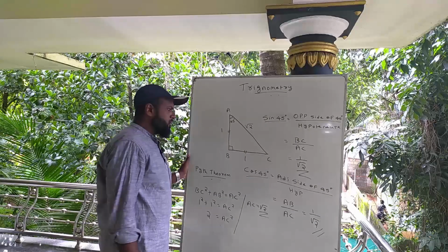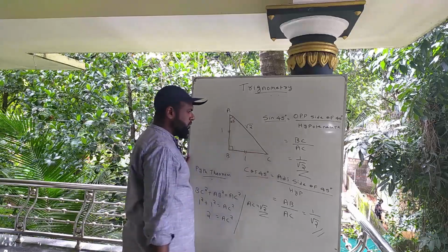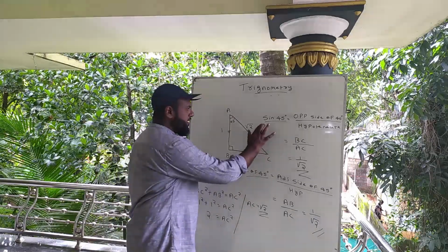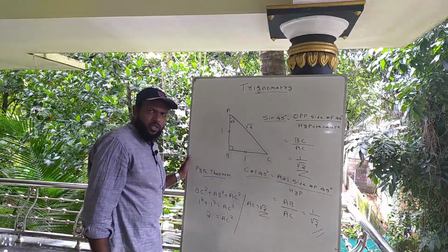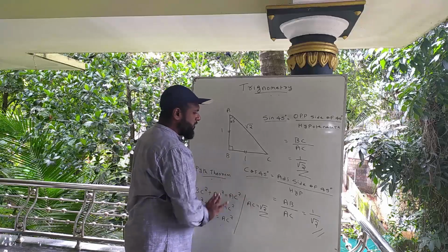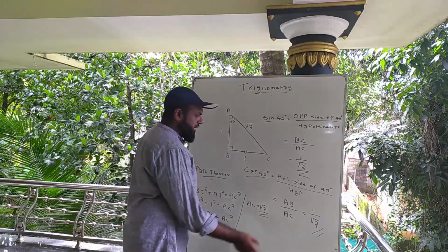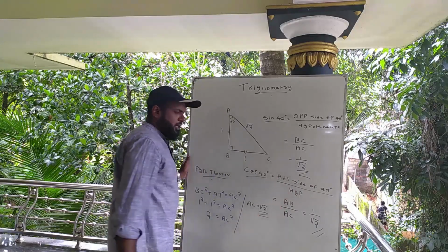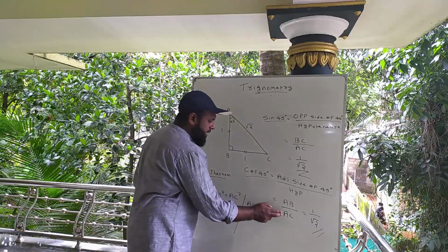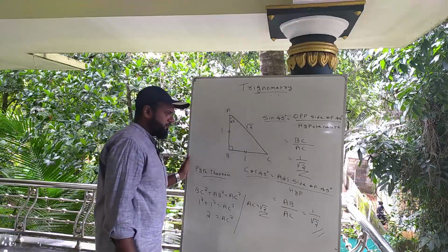The hypotenuse is AC, that is root 2. So sine 45 is 1 by root 2. What is cos 45 degree? Cos 45 degree equals the ratio of the adjacent side of 45 degree by the hypotenuse, equal to AB by AC, equal to 1 by root 2.